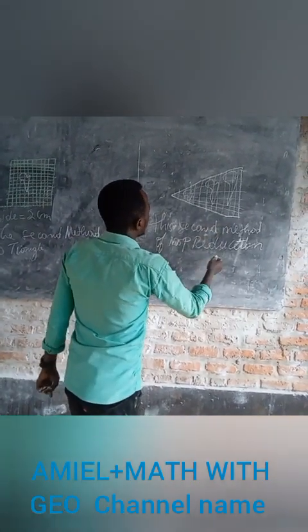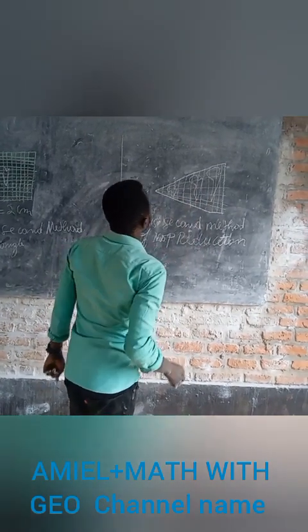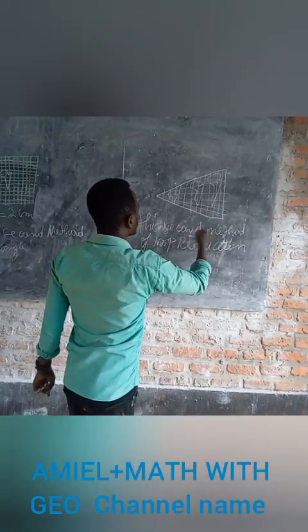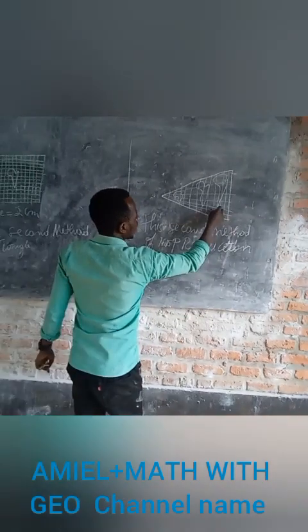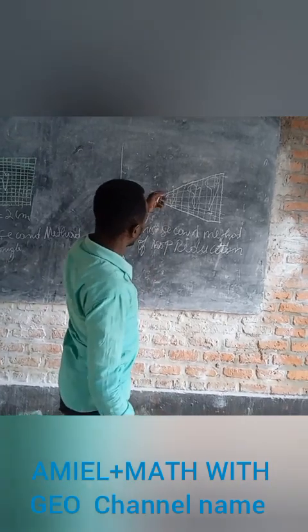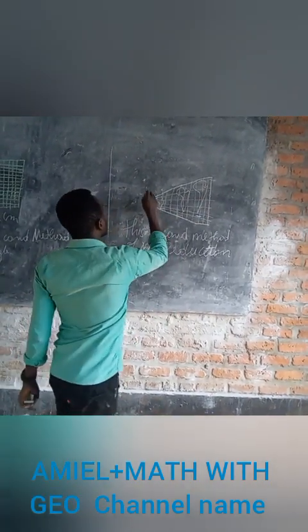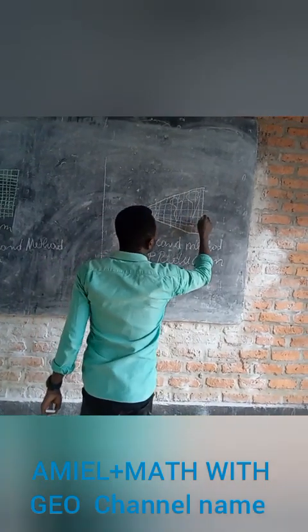In the previous example, we considered this triangle for map reduction, where we counted from here to here. So now we count from here up to here, from the corner of the triangle to the base of the triangle.